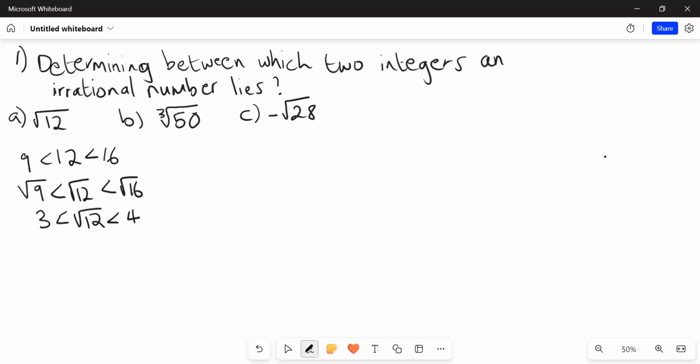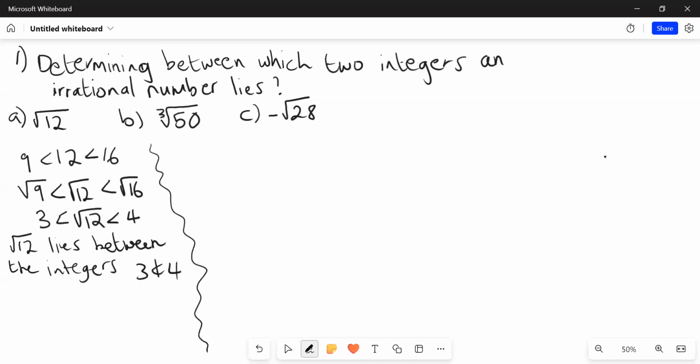From there, now we can conclude and say root 12 lies between the integers 3 and 4, right? I think we've answered the first question.